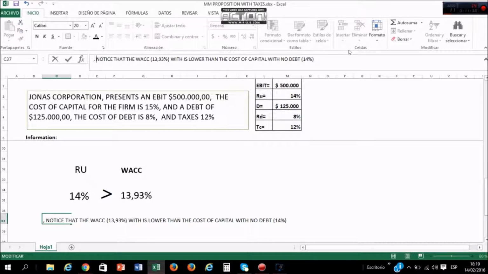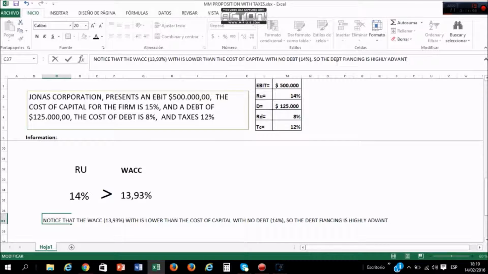So the debt financing is highly advantageous.